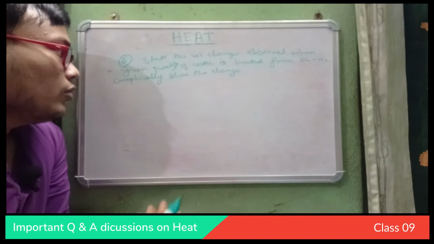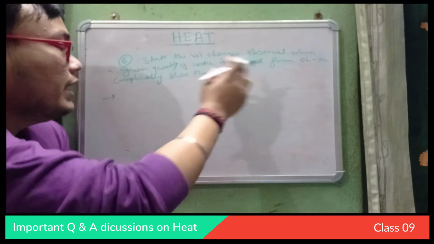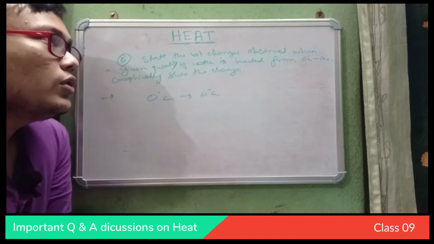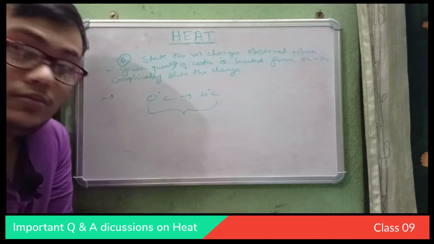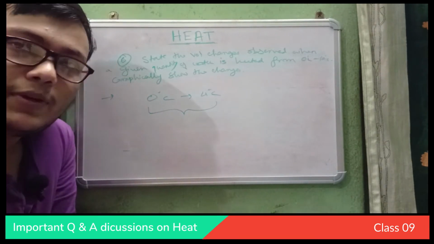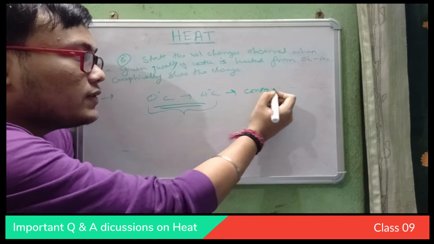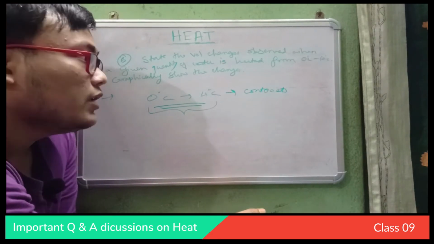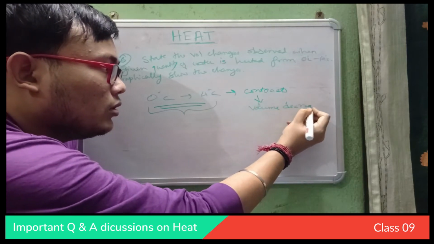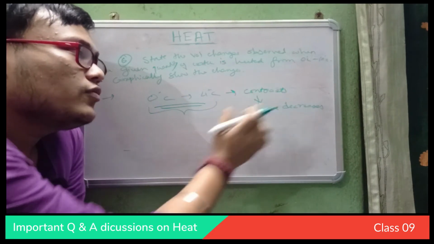So now we have discussed that when water at 0 degrees Celsius is heated, from 0 to 4 degrees Celsius, water exhibits anomalous expansion. Normally, when we heat something, it expands. But during this period, instead of expanding, water contracts, that means its volume decreases.